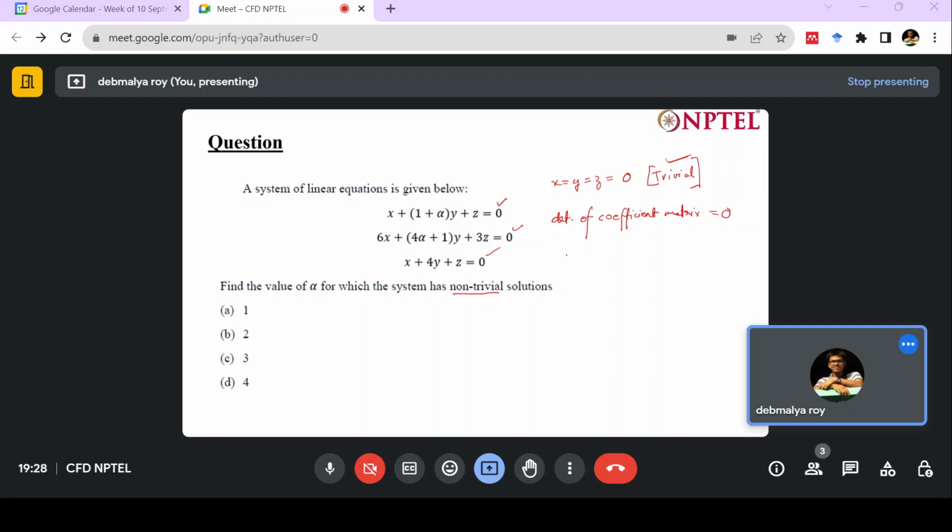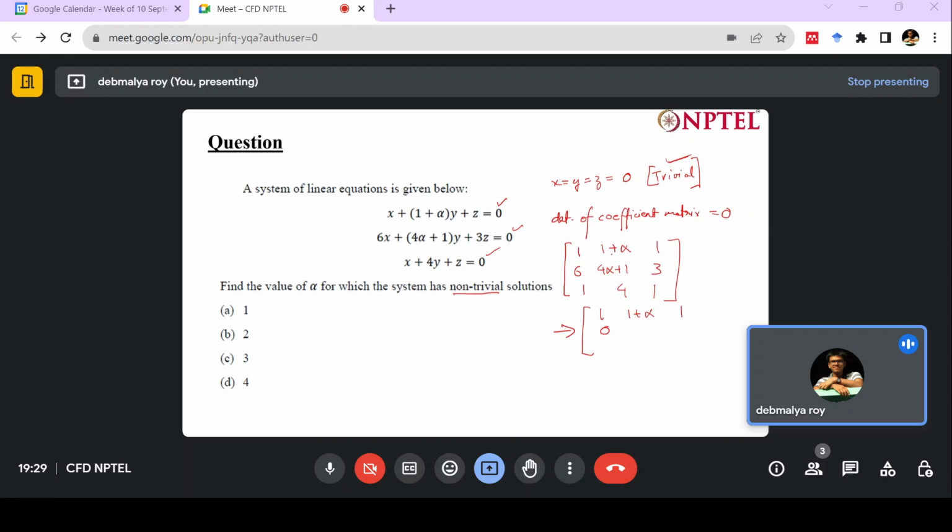If you just write the coefficient matrix, this is 1, this is 1 plus alpha, 1, 6, 4 alpha plus 1, 3, 1, 4, 1. If you perform a row operation here, you can easily put this as 0. You have multiplied by 6 and subtracted here.